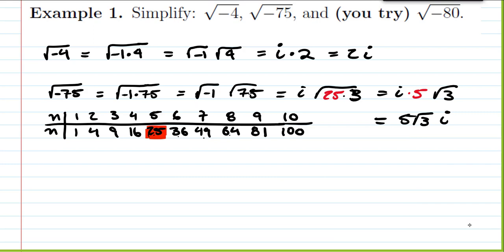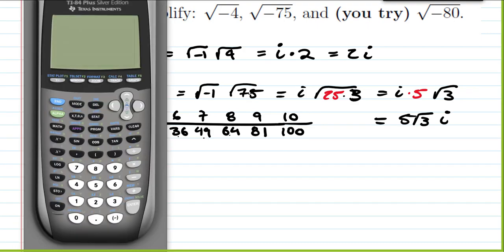All right, so let's talk about this. We want to do the same thing. So we want to simplify the square root of negative 80. Well, that's going to be I times the square root of 80. And then looking at our square list, what is the largest perfect square that divides into 80?